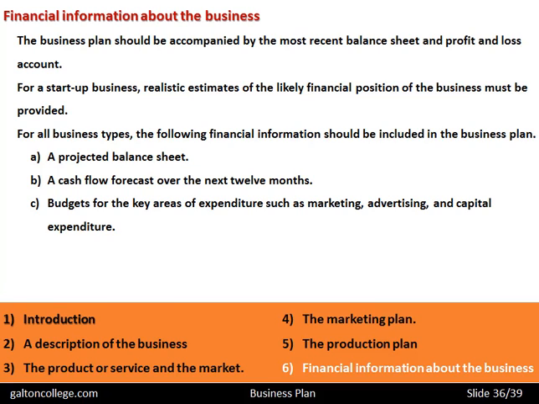Budgets for the key areas of expenditure, such as marketing, advertising, capital expenditure, and so on. Budgets for the various parts, including HRM, research and development, transport, logistics. Budgets for all of those departments should be estimated and should be appended, because those will indicate that the management is aware of the likely items of expenditure within the budgets.